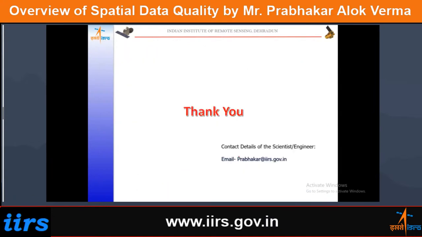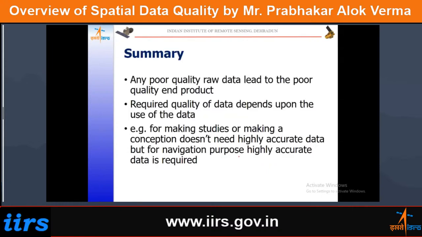Summary of today's lecture is: any poor quality of raw data leads to a poor quality end product because of error propagation, and the required quality of data depends on the use of the data. You have to do cadastral mapping or small scale mapping.